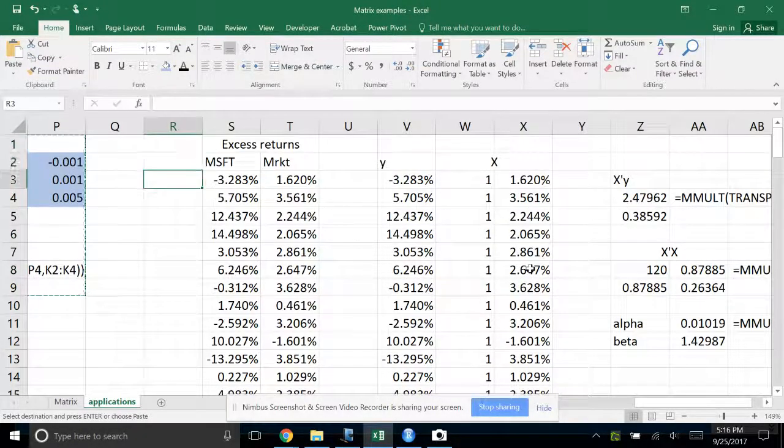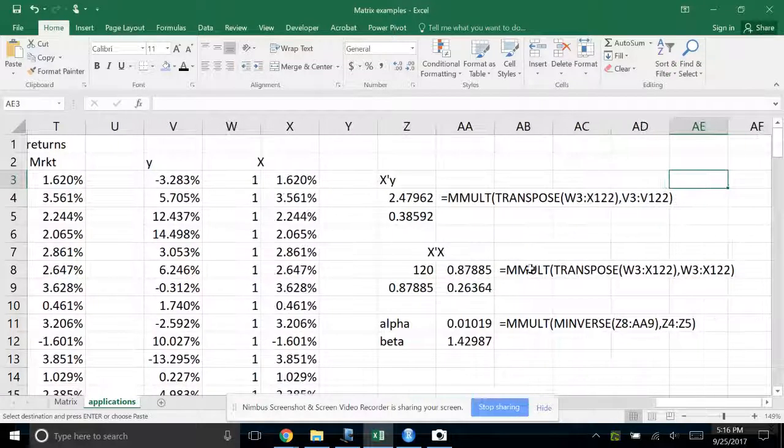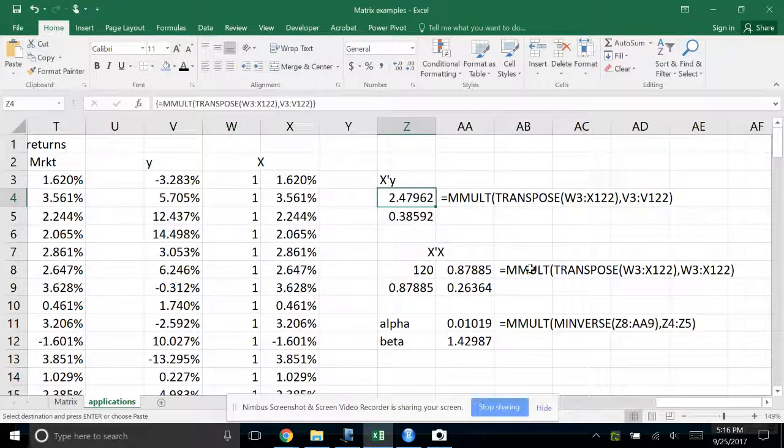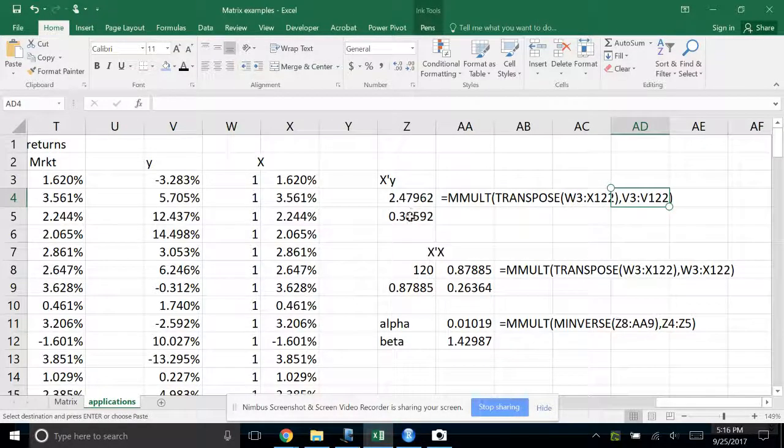So we have Microsoft returns and market returns, and I'm going to say Y is the Microsoft returns, and X is going to be a column vector of ones and market returns. All right, so here I have my X transpose, and times the Y, I get this 2 by 1 vector here.